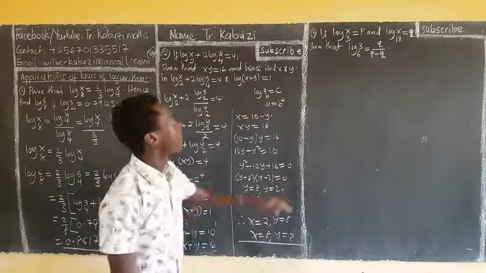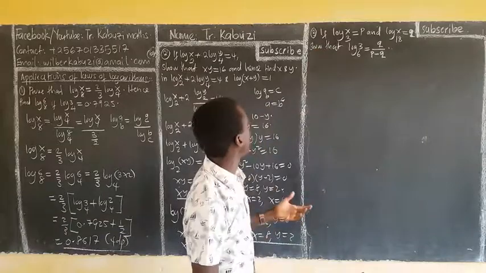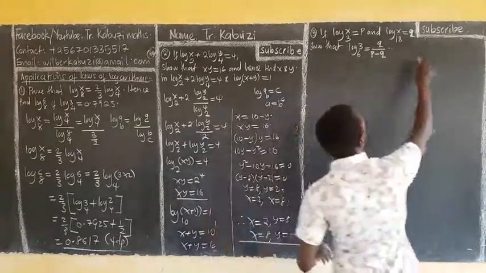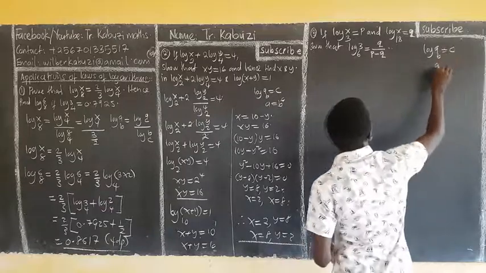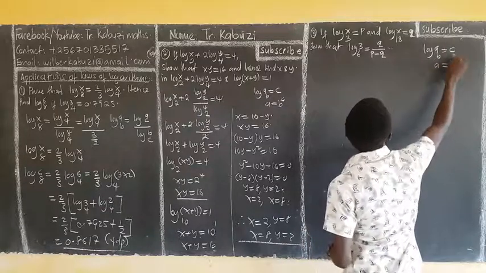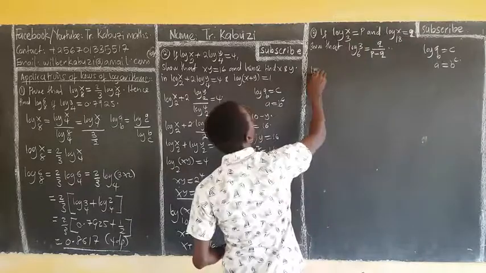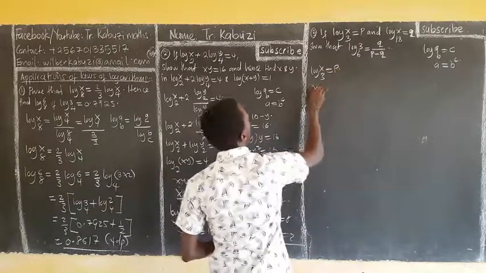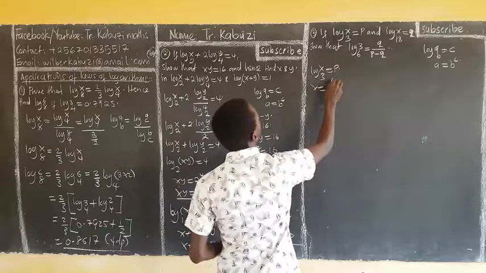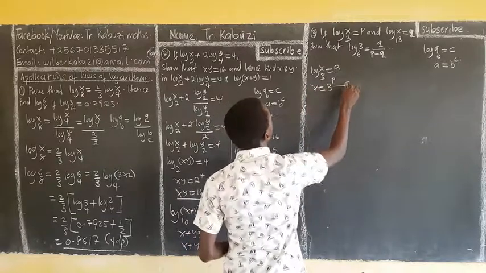Those are the answers. Now if I come to this, here we are going to use this property, just that log of a base c equal to b is the same as a equal to c to the power b. So if I have now there equal to p, it means that from here my x will be 3 power p. I call this equation 1.